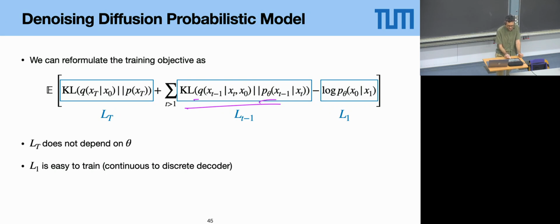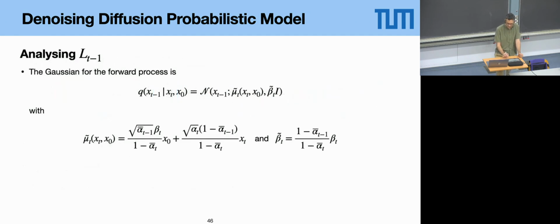between the forward process and the reverse process. That I have on the slide here. That is also pretty easy to evaluate. As mentioned before, both the reverse and the forward process are constructed. We know what these different factors for the Gaussian distributions are.